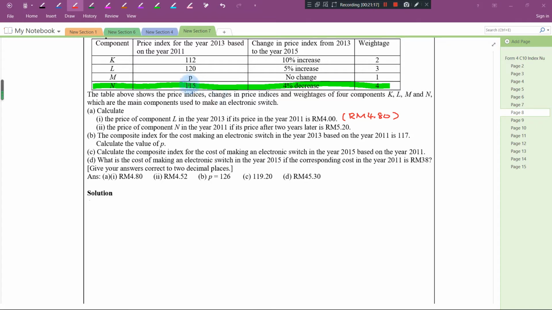Okay, so first we think, how do we get this? 2013 based on the year 2011. How do we get this, which is equal to 115? We take the price in the year 2013 divided by the price in the year 2011 times 100, which is equal to 115, right?